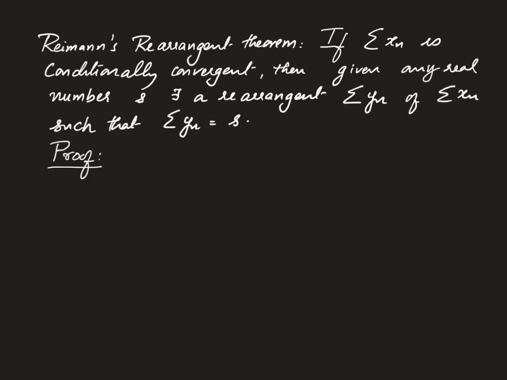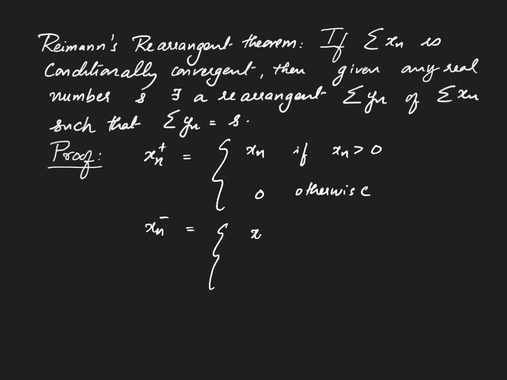Now let us go through the proof a little more rigorously. We construct two new sequences called xn⁺ and xn⁻, where xn⁺ is equal to xn if xn is greater than 0 and 0 otherwise, and xn⁻ is equal to xn if xn is less than 0 and 0 otherwise.